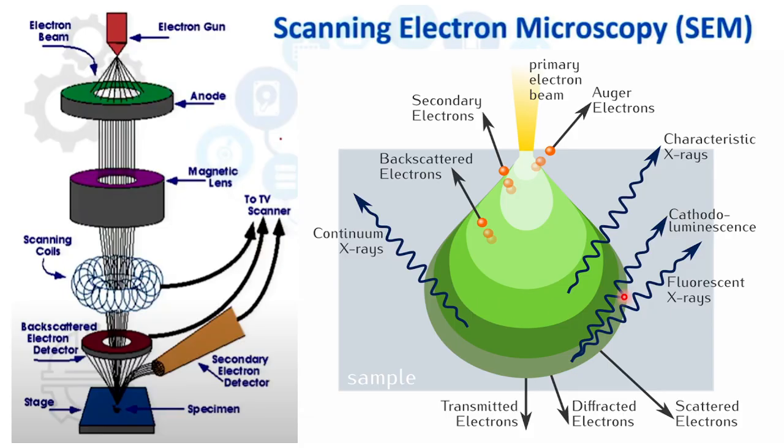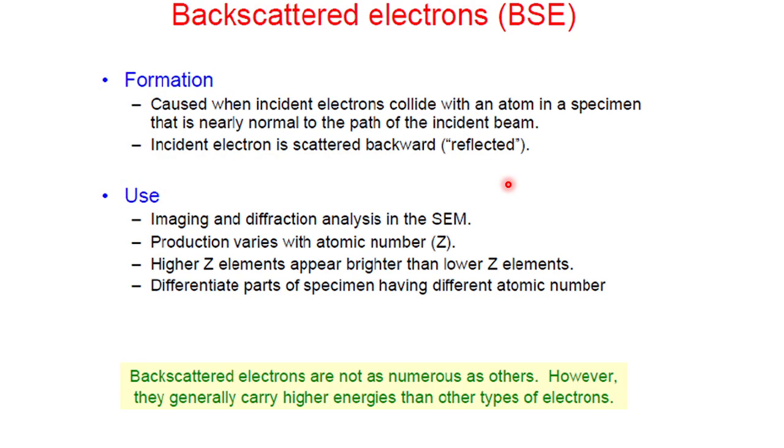Whenever the primary electron beam is coming, the secondary electrons are generated maximally just below the surface or almost from the surface. That's why you can get a much clearer idea about your surface when you are capturing the secondary electron.